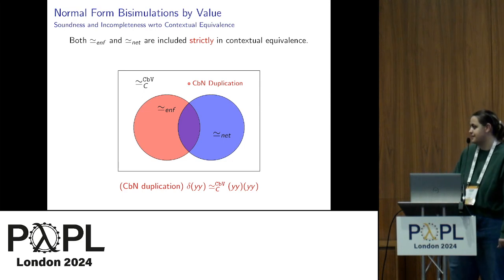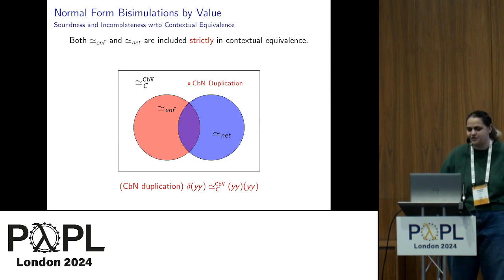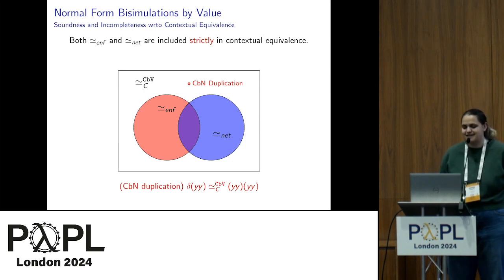There is something in the way. Well, there are many things in the way, but the thing I want to talk about now is call by name duplication. That is inside call by value contextual equivalence. That's a bit weird. I was talking about call by value, now I'm talking about call by name. So because call by value usually does not duplicate, it only duplicates values, but call by value contextual equivalence admits duplication, any kind of duplication.